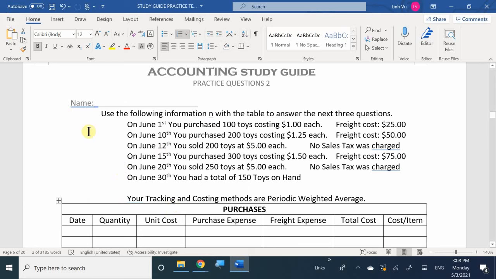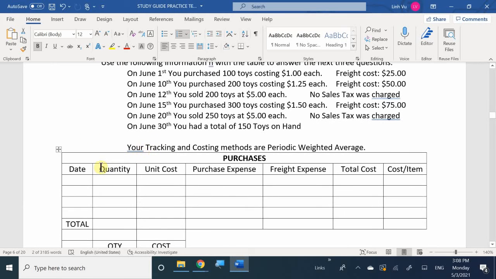So what happened on June 1st? Purchase 100 toys at $1 each. Gives you a total expense of $100 plus freight for 25 is $125. Perfect. Good. Its cost is $1.25.